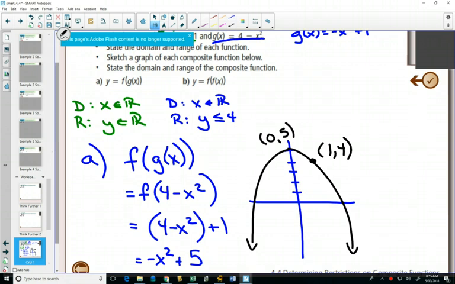Domain and range of this black graph. Domain is everything. Range is y is less than or equal to 5. So we could only see that by coming up with the equation first and then figuring out what we would get.